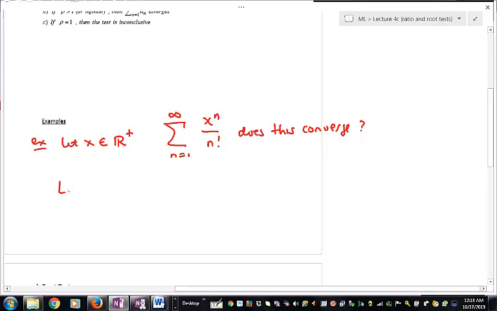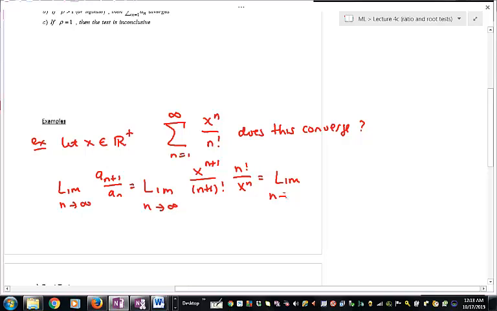So if we look at this limit as n goes to infinity of a sub n plus 1 over a sub n, this is going to be equal to the limit as n goes to infinity of x to the n plus 1 over n plus 1 factorial, over n factorial times x to the n, which is going to be the limit as n goes to infinity of x over n plus 1, which converges to 0, which is equal to rho.